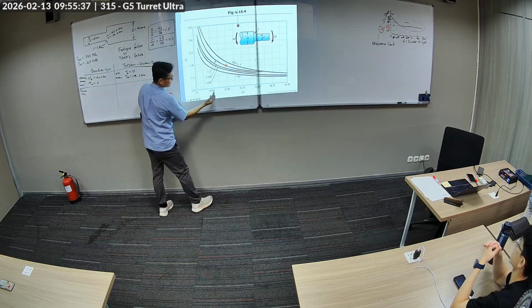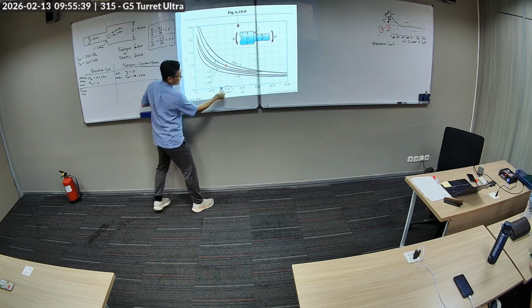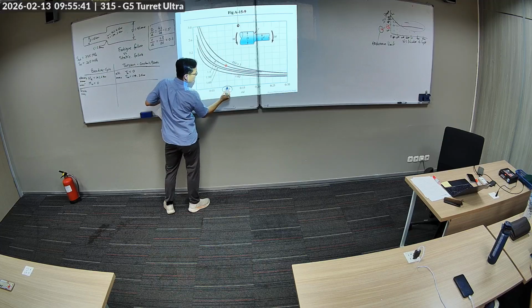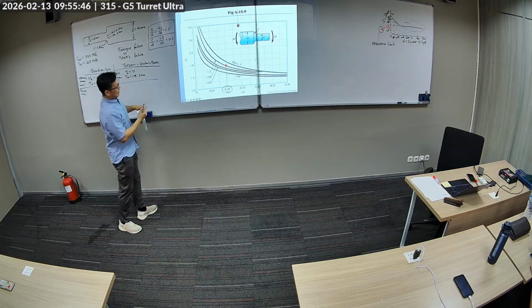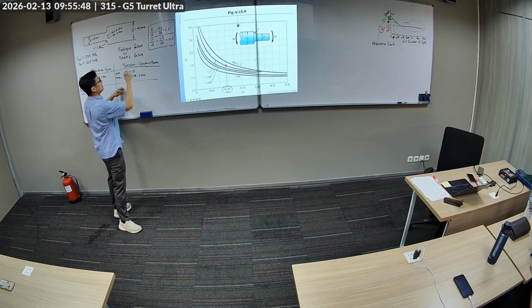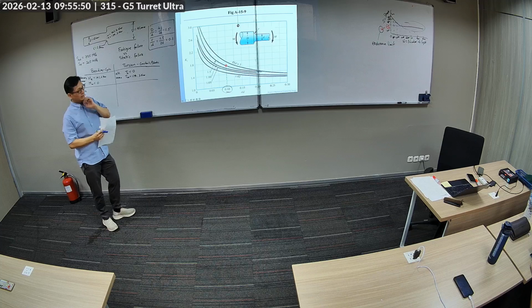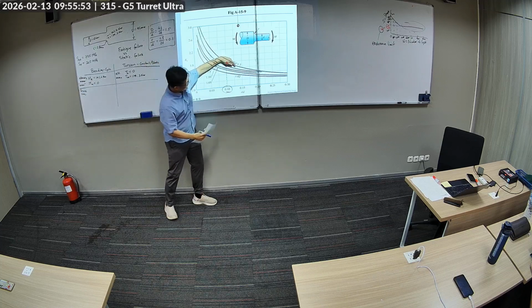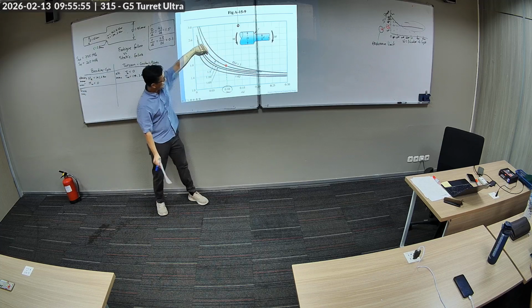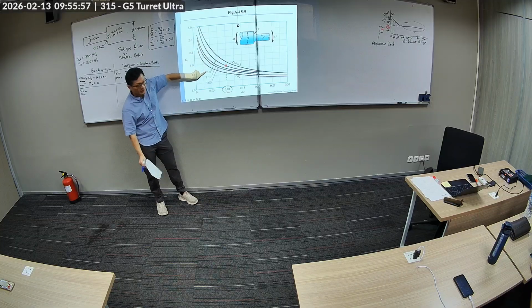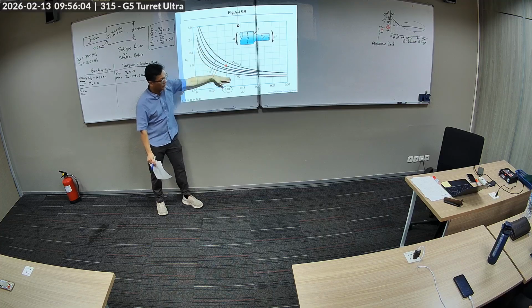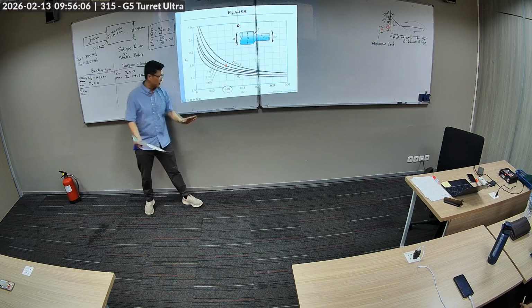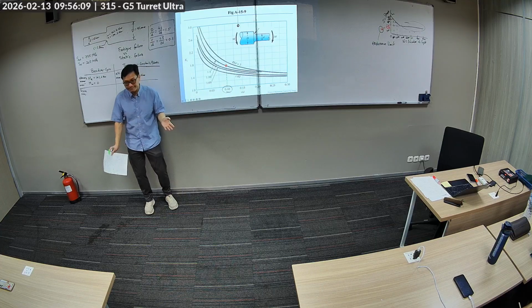So here's the chart. r over d is 0.1. You go up and you find the line that is closest to the D over d that you want. This line is D over d equals 3. This line is D over d equals 1.5, 1.1, 1.05, and 1.02. Now what if yours is 1.07?